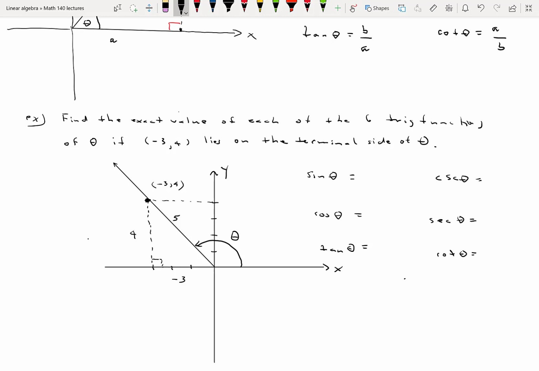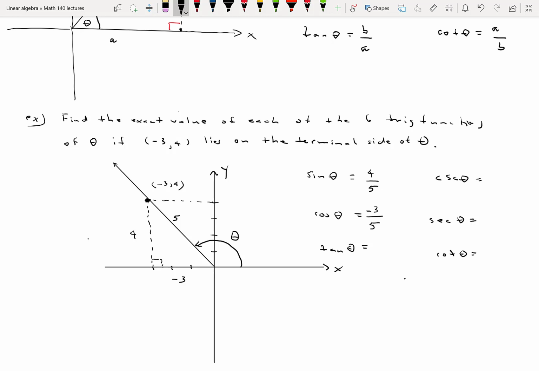So the sine is B over R. B is 4, R is 5. You can still use SOHCAHTOA, so opposite over hypotenuse. The cosine is adjacent, even though it's not a triangle, it's a coordinate. We can think about it as adjacent over hypotenuse.